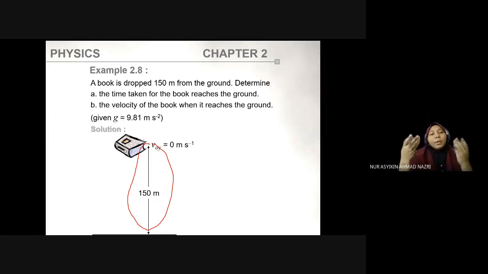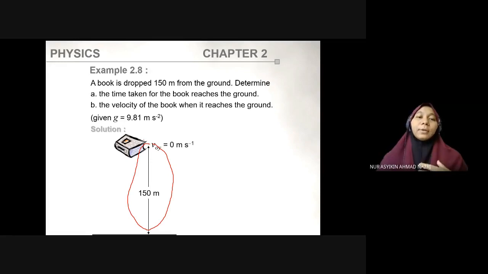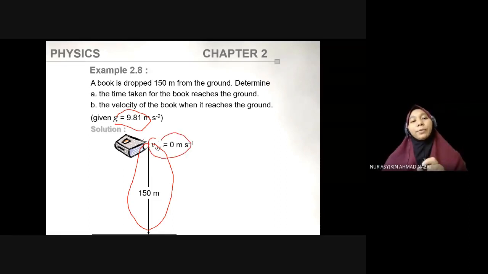Sebab memang bila dia kat maximum height, dia memang dah zero. So bila dia zero, tapi memang dia akan jatuh. Macam tu maksud saya. Maksudnya it will still have a motion, dia bergantung hanya pada gravitational acceleration. So for this case, initial velocity dia zero.